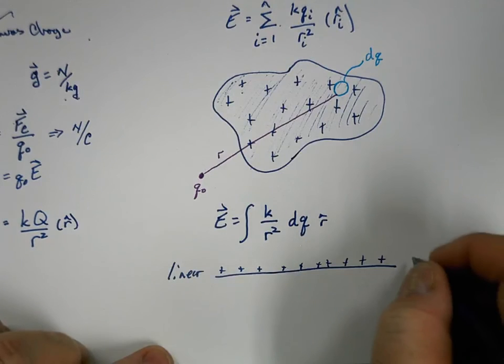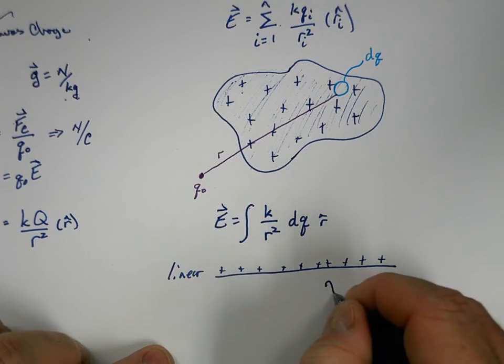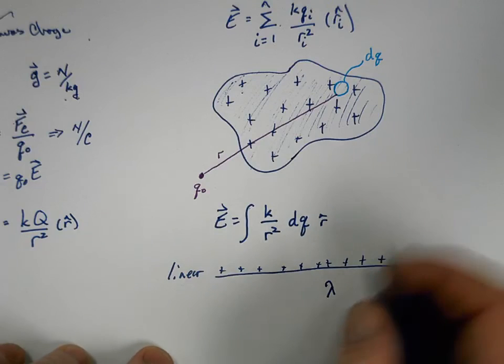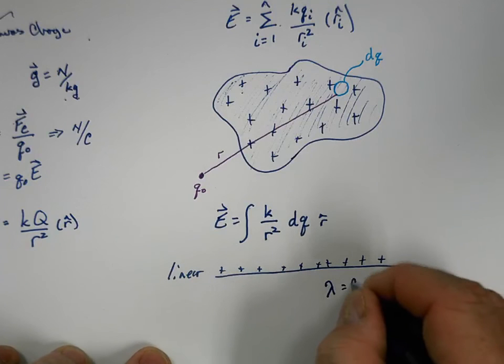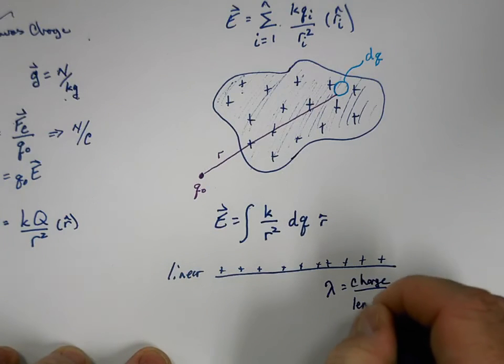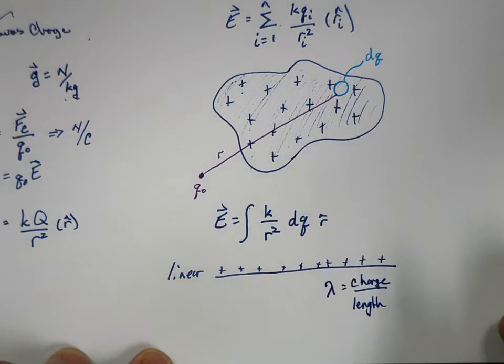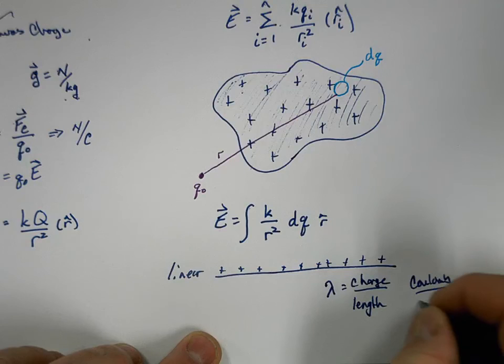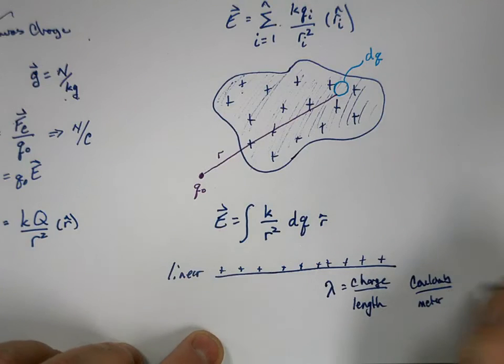Our linear charge density is going to be lambda. Lambda is going to equal our amount of charge per unit length, and the units of this are Coulombs per meter, or C per M.